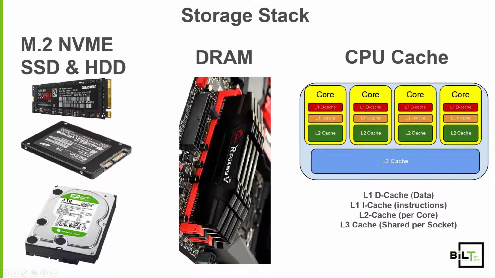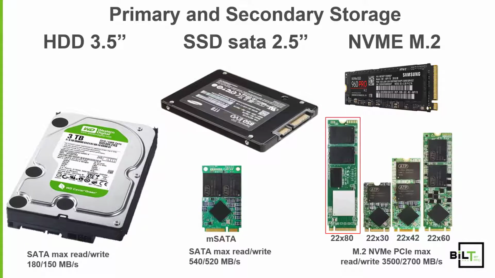It's for this reason it's very important to look at the entire storage stack of your PC and make sure that it's capable of both serving up that high-speed RAM and high-speed local hard drive to enable you to work with those really large files. Here are the three main types of primary storage available. You've effectively got cheap and big on the left, and fast and expensive on the right.